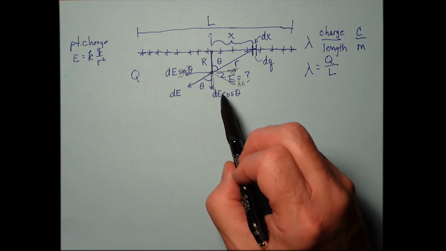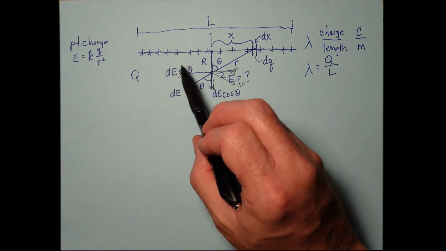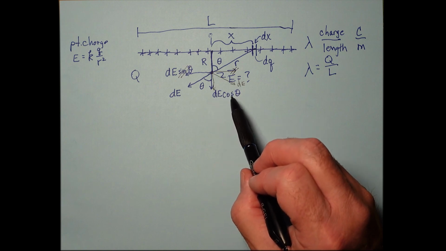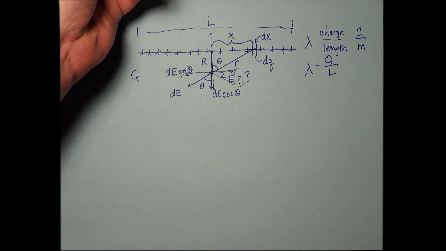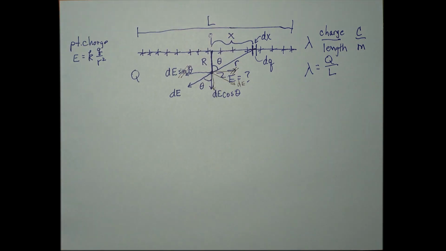So rather than doing the integral twice, once for the sine component and once for the cosine component, we really just need to do it once, and that's for the cosine term. Everything else is just going to fall apart.